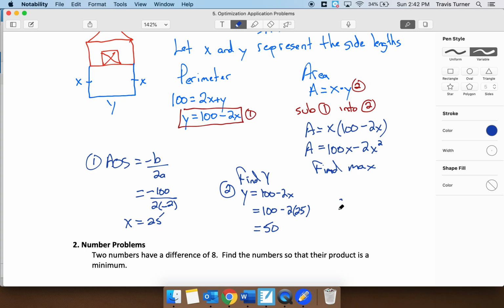So therefore, the dimensions are 25 and 50 feet.